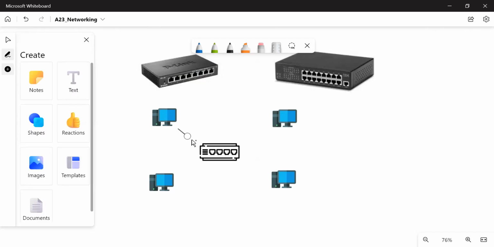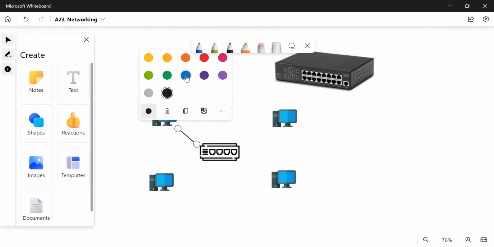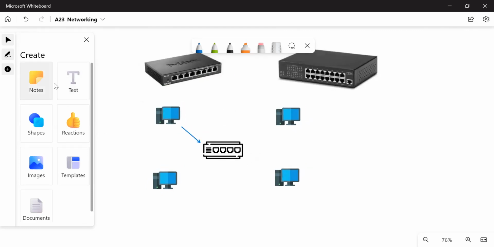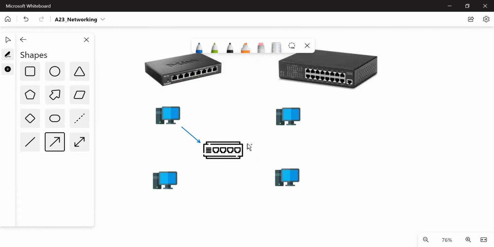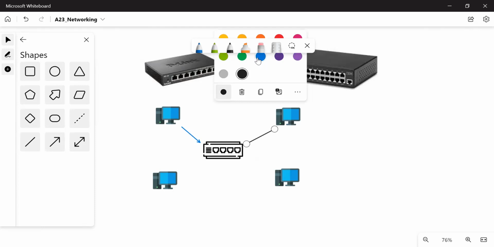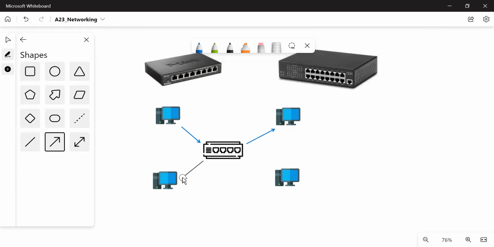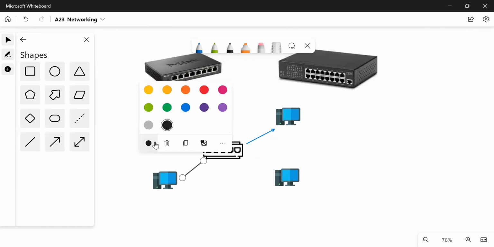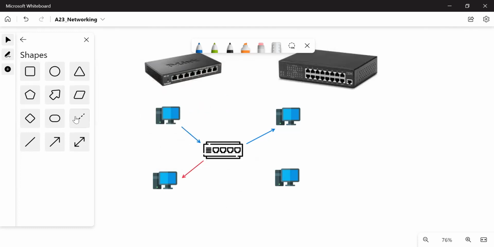So let's say I want to send a message to this computer. But actually what will happen, it will not only send this information to this computer, it will actually send to everyone. That is what a hub does. Hub, once it gets it, sends to everyone, right?